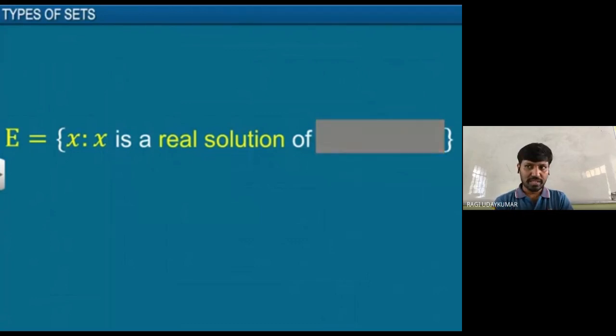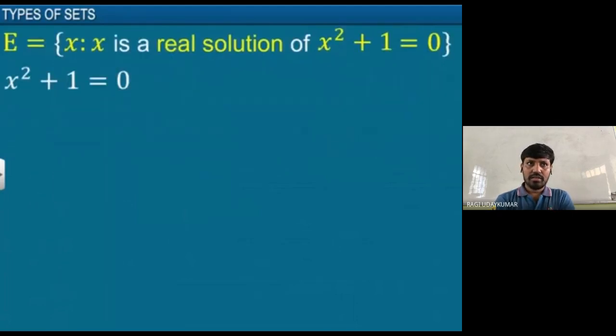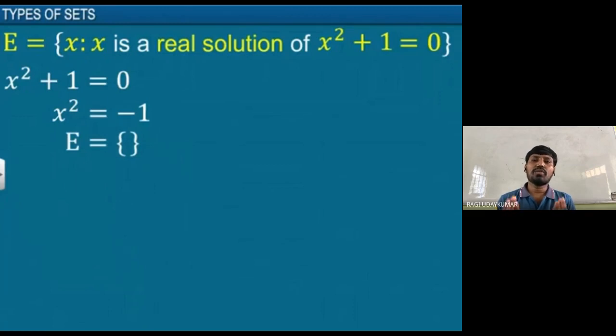That means x square equals minus 1. There is no x such that x square is a negative number, because a square cannot be negative. So no real number exists, no number will satisfy it, and the set does not have any element.